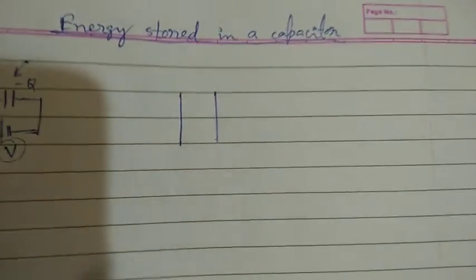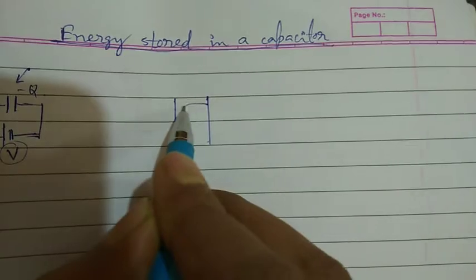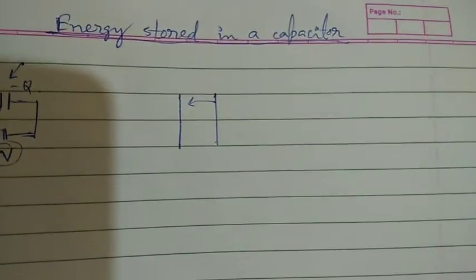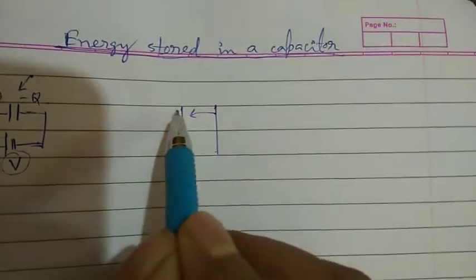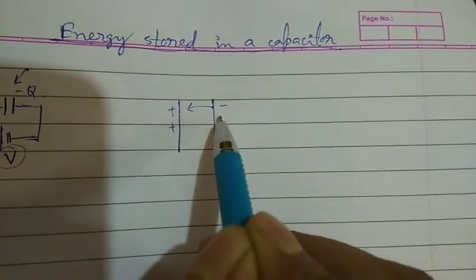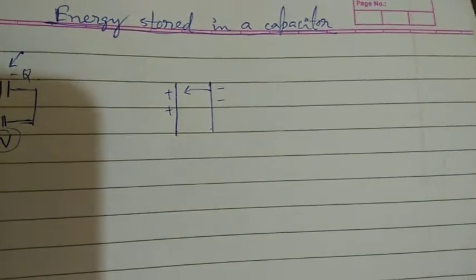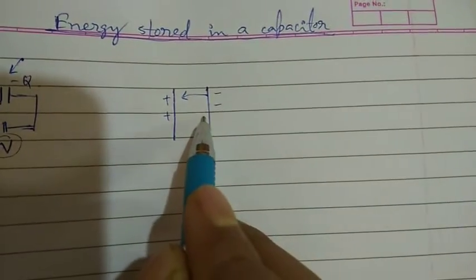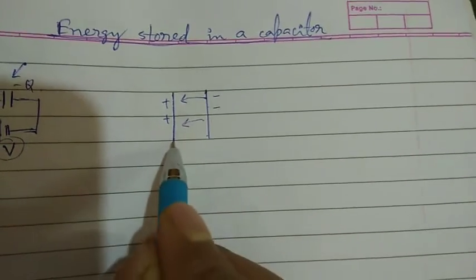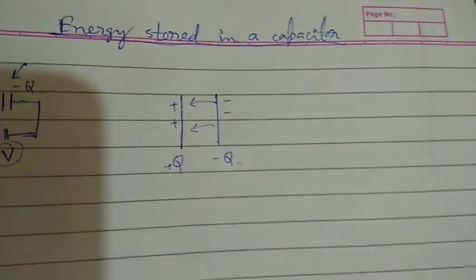Now suppose we transfer positive charge from this plate to this plate. So this plate will get positively charged and this plate will get negatively charged. With this process we will make it plus Q and minus Q at the final stage.